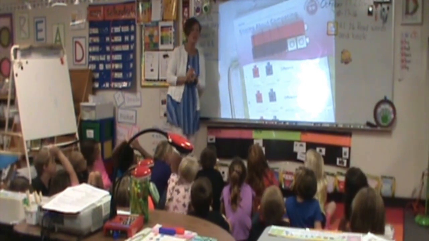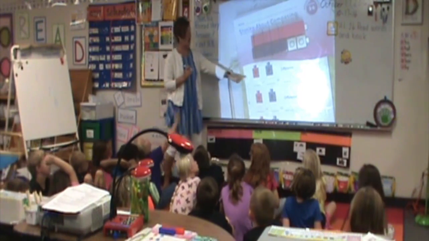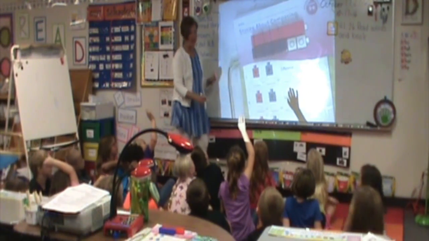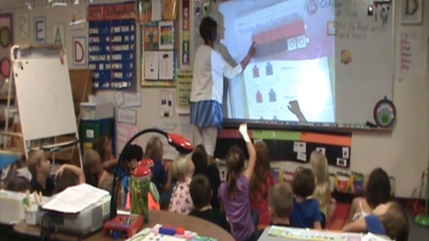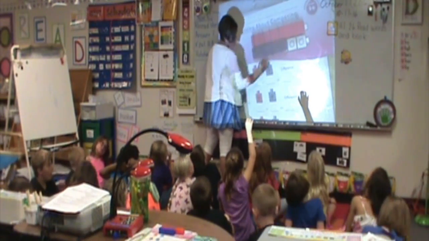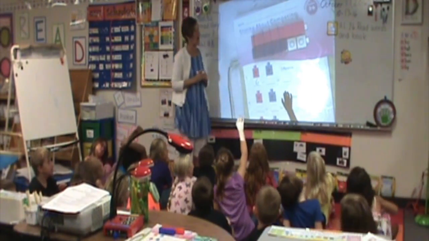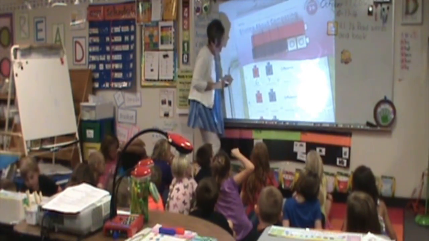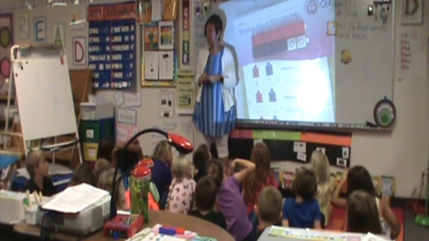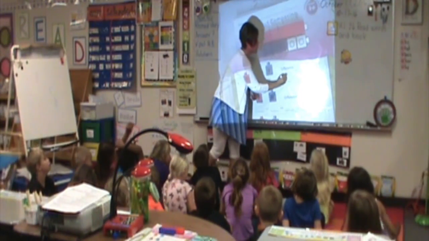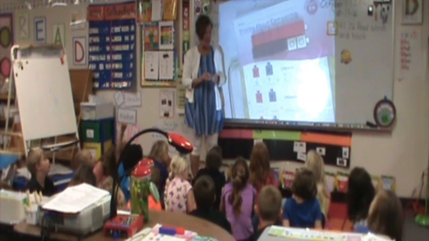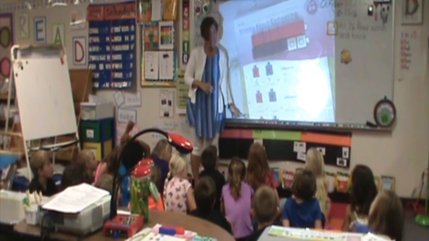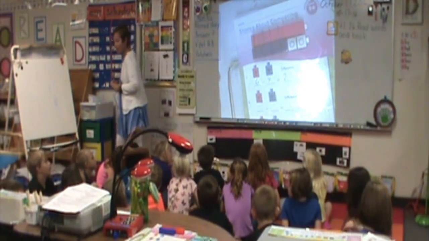So what would be my number sentence? How many red? Everyone? 6. 1, 2, 3, 4, 5, 6. Minus how many blues? 4. 6 minus 4. What was our difference? 2. Remember, the difference is the answer to a subtraction problem.